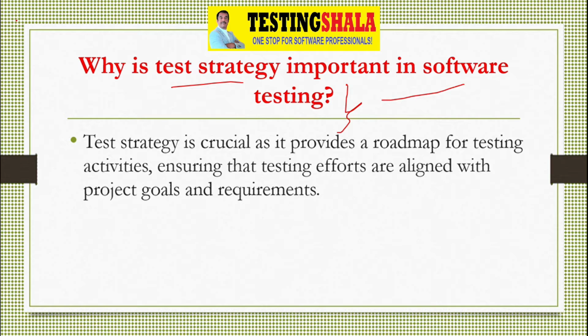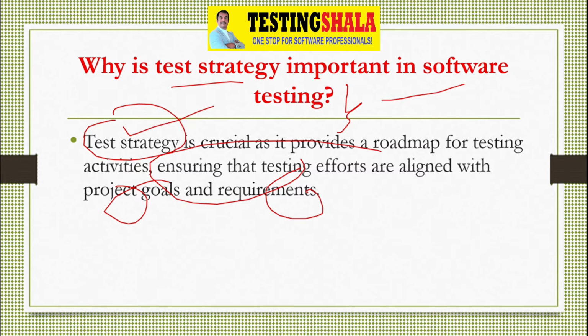So in order to meet our end goal, we will have to write the test strategy effectively. It gives us the roadmap of the testing we are going to do for the given application, and how much testing effort is required to meet the project goals and requirements. Otherwise, without the test strategy, definitely we will be in a nowhere situation.